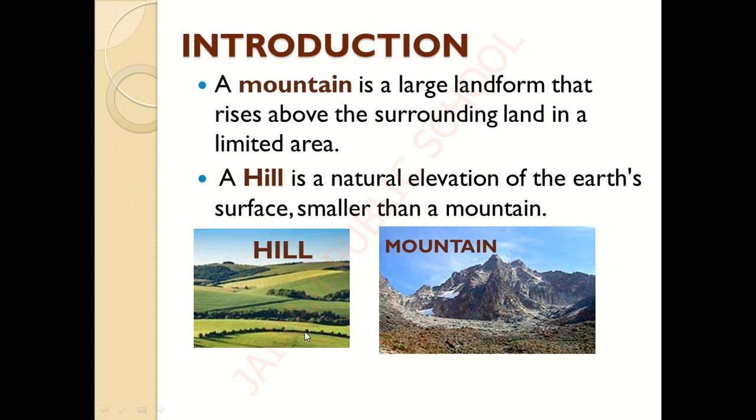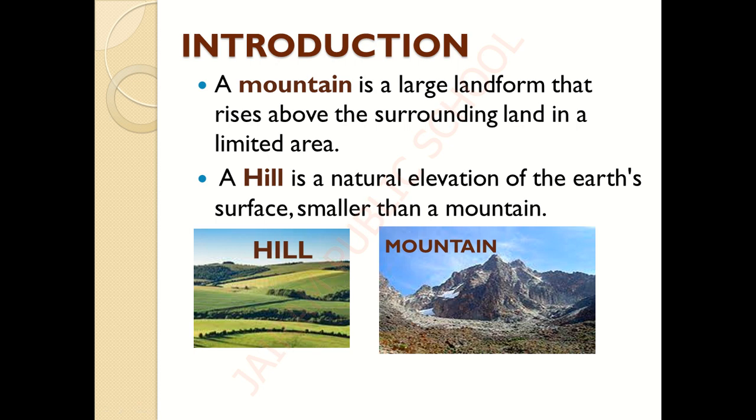In the first picture, I have given a green part, which is a small raised portion, that is, an elevated portion above the earth surface, isn't it? We call the flat portion of the earth the earth surface. On this earth surface, we have a little elevation, a slightly raised part of the earth surface. This is called a hill.